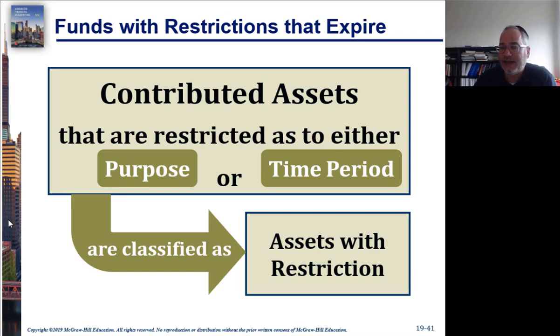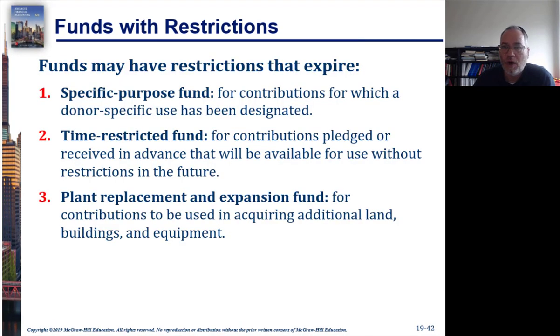So any contributed assets that are restricted as to purpose or time period are going to go into assets with restrictions, and then they can come out of that once whatever that requirement has been met. So funds can have restrictions that expire. Specific purpose fund, you did whatever you needed to do. Time restricted is the amount of time the donor specified is up.